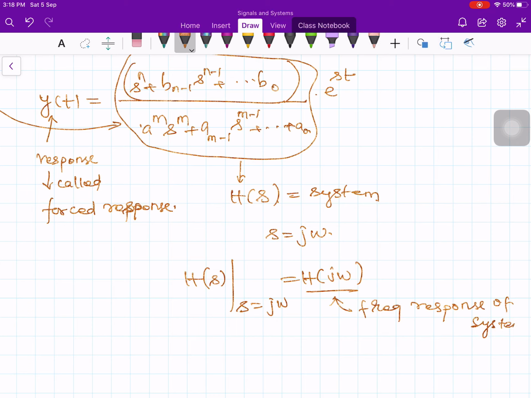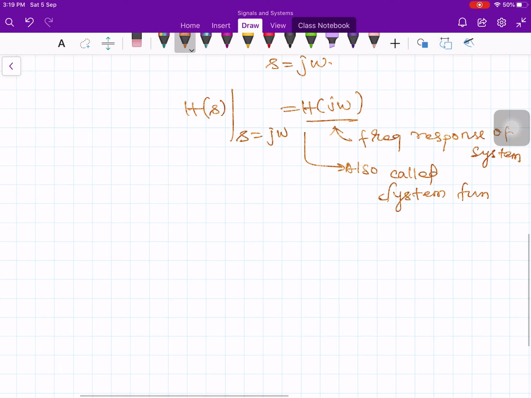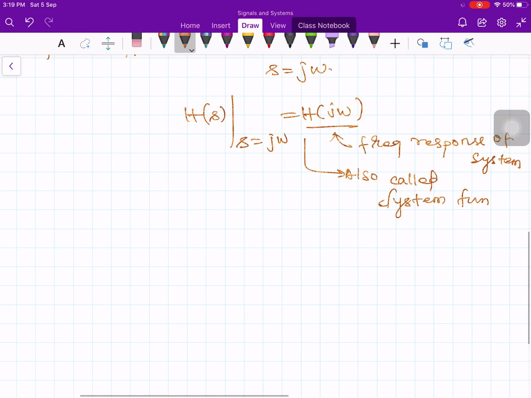Sometimes it is also called the system function. So often this H of j omega by itself is called a system function, which we will make use of in the Fourier transform applications to systems.